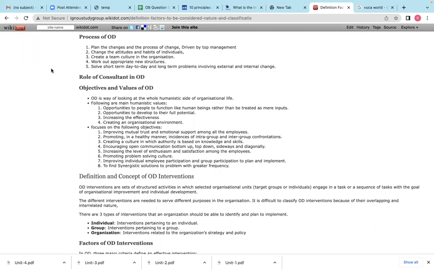It is driven by the top management, and it is going to change the entire culture and habits to create the new culture that is required for an organization to be more effective. Basically it mainly aims at the long term, but it also has short term day-to-day activities or problems that would be solved as well. So this is about the process of OD.